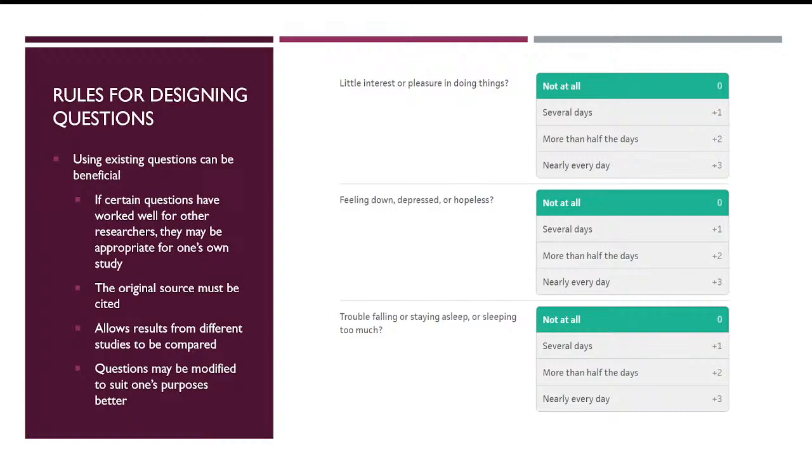So this one, these are 3 out of 9 questions that I took out of what's called the PHQ-9, and this is a way of measuring depression. This is just a web version of it, but you can download a PDF of PHQ-9.